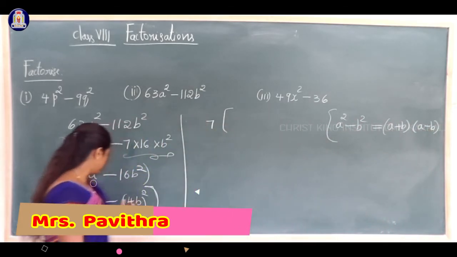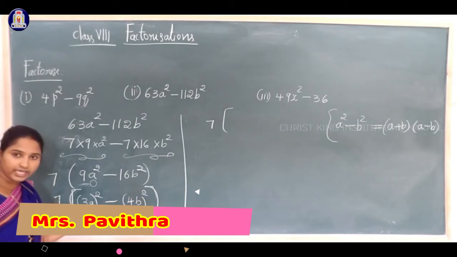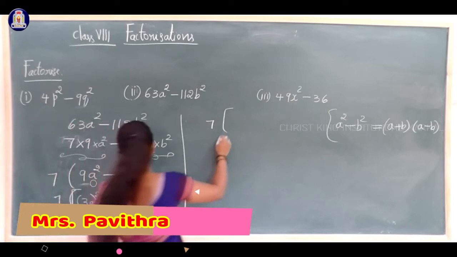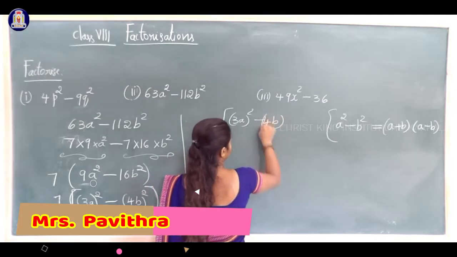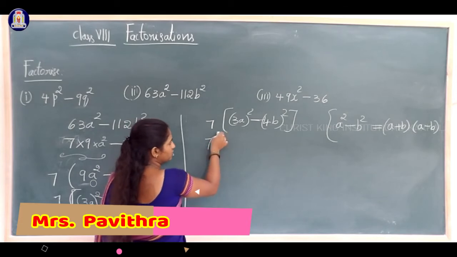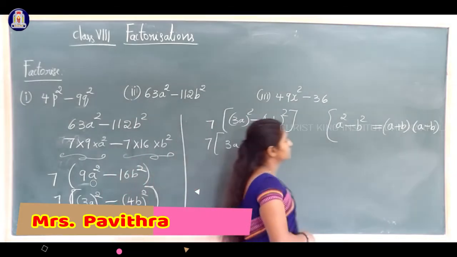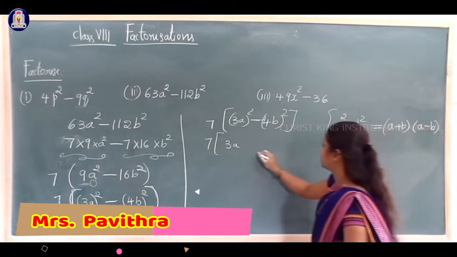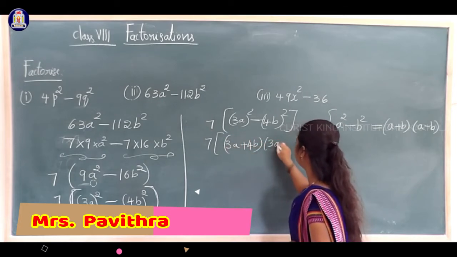So here 3a whole square minus 4b whole square. Here a is 3a and b is 4b. So if you want to write it again, 7 into 3a plus 4b into 3a minus 4b.